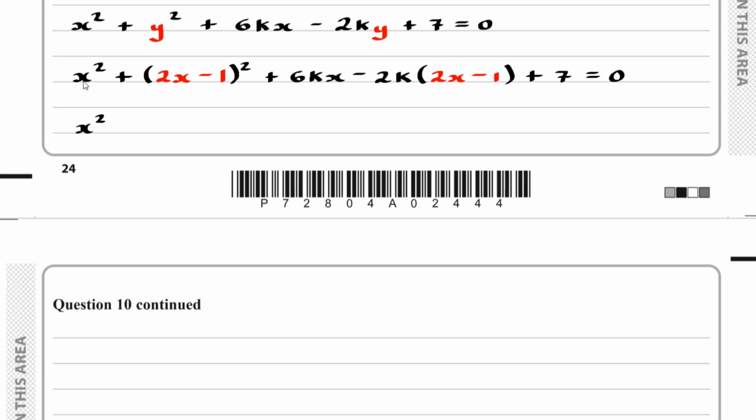So I have x squared, and if I expand 2x subtract 1 all squared, I end up with 4x squared subtract 4x plus 1, then I add on the 6kx, negative 2k multiplied by 2x, that's negative 4kx, negative 2k multiplied by negative 1 is positive 2k, I add the 7, and this is equal to 0.